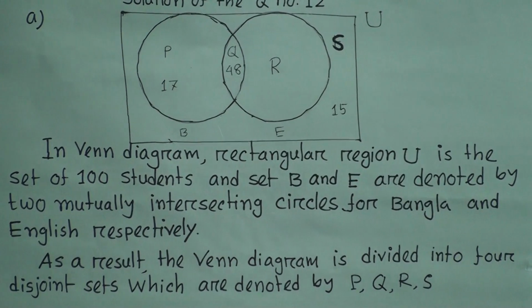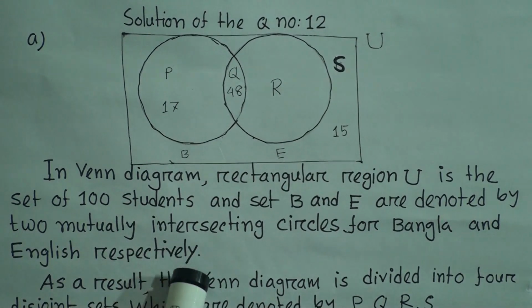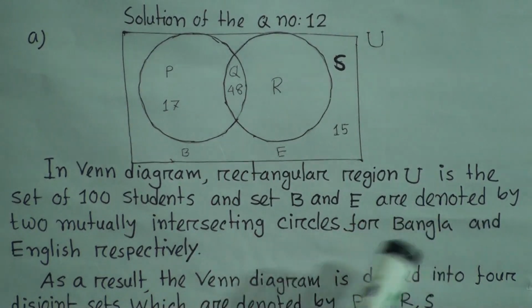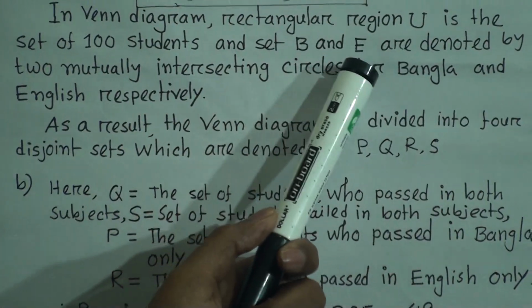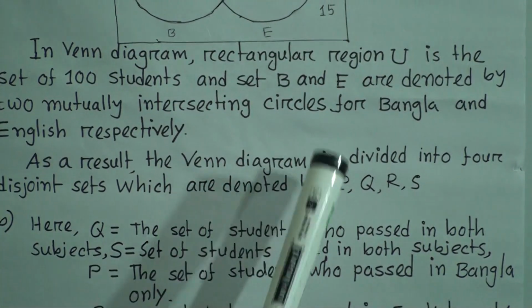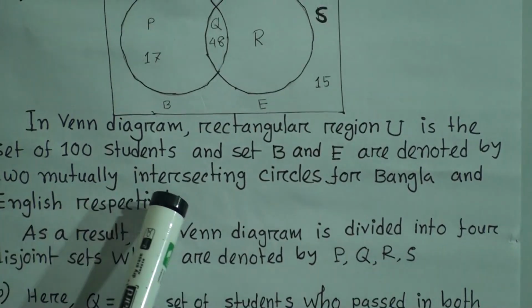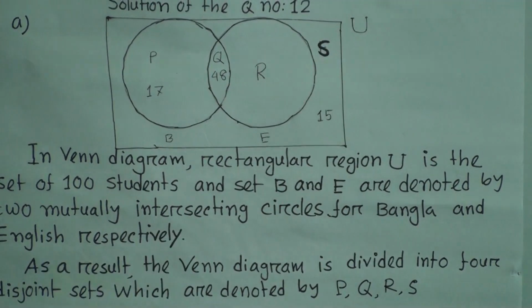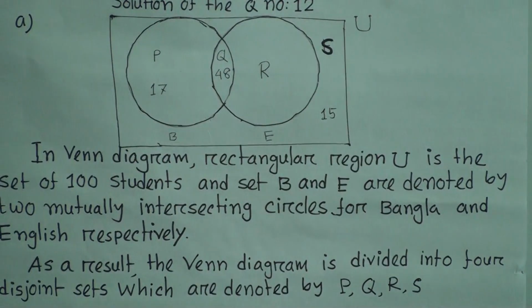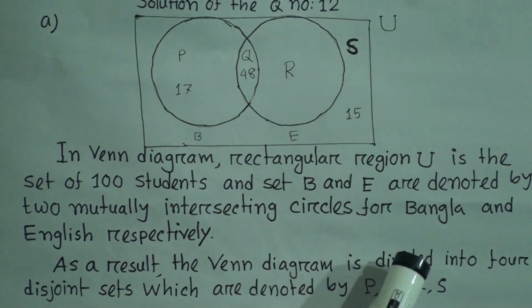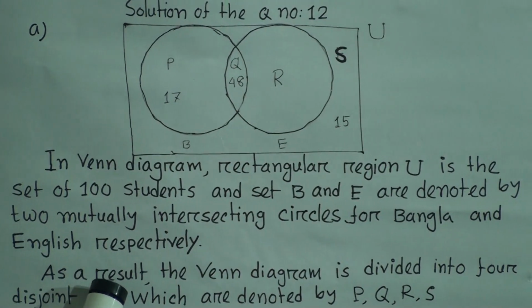Now please read: in the Venn diagram, the rectangular region U is the set of 100 students, and sets B and E are denoted by two mutually intersecting circles, for Bangla and English respectively.